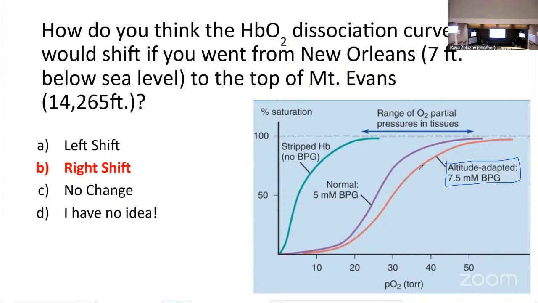So we can see what it looks like if you have absolutely no BPG, this molecule here that affects our oxygen hemoglobin dissociation curve, right? You can see that that's far to the left of a kind of normal amount. So we've got this normal amount of this chemical here in the middle. And under this altitude adapted population, we can see we're even farther to the right here, right?